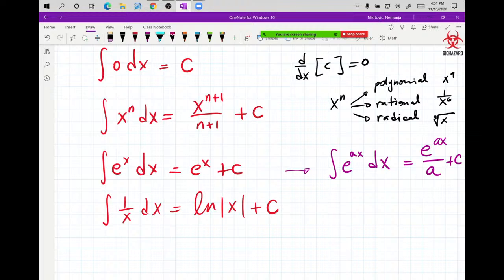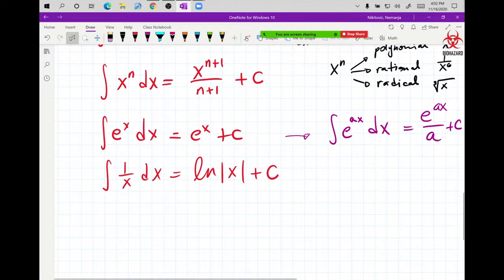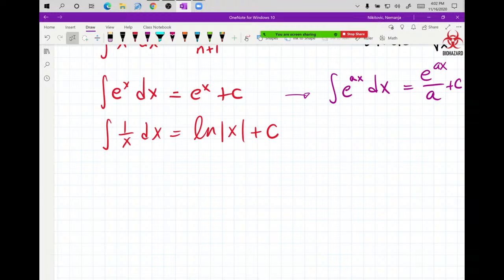And we have now 1 over x that will give us this ln. All right, so now what are we doing next? Well, we have 6 trigonometric functions, out of which only 2 are basic for integration. And this is where some people lose their cool.